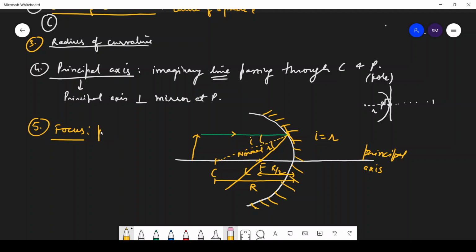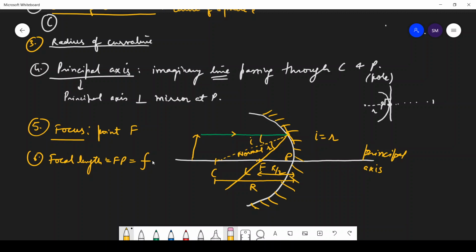So focus is a point, at point F. Now what is focal length? This was your pole P. So focal length is equal to FP, and that is denoted by small letter f.